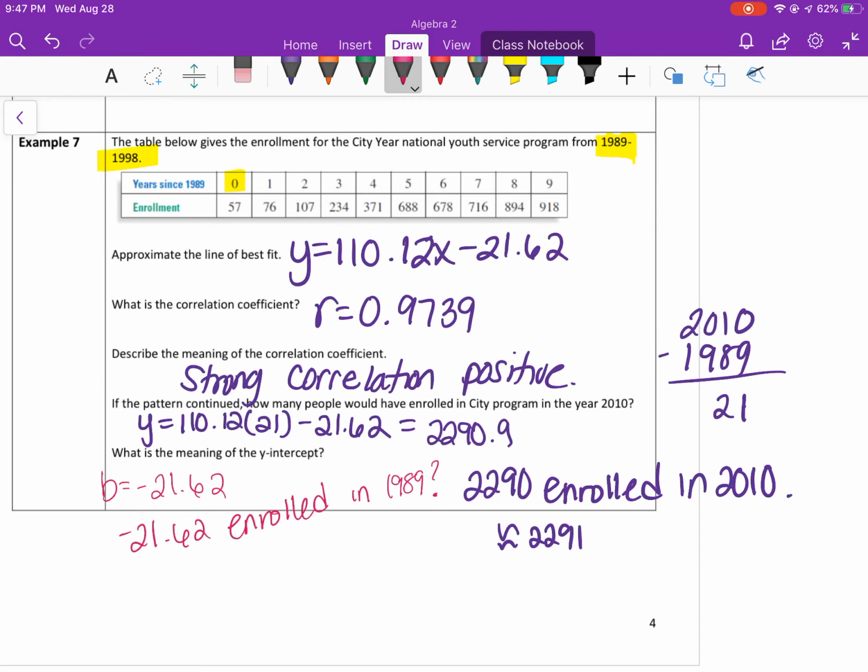No, I mean, that is what it's saying, but this doesn't make sense. So here our model doesn't make sense for this situation. This is our model's approximation. Now the actual y-intercept of our data, or the starting value of our data, was 57. 57 people were enrolled at year 0.